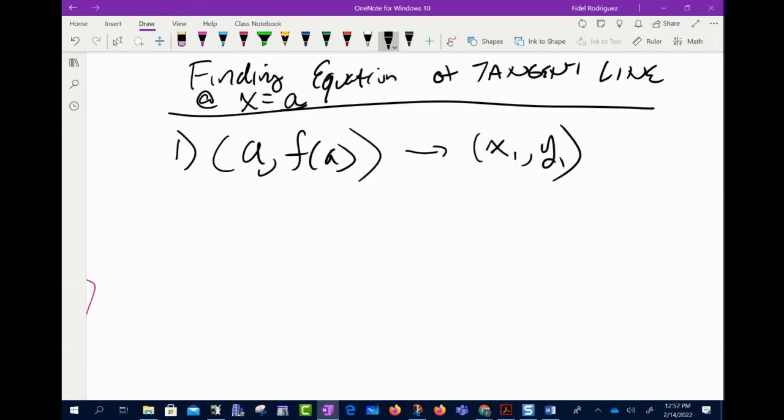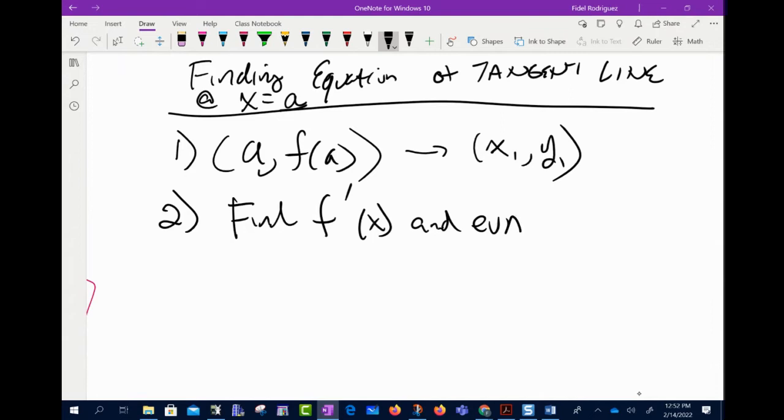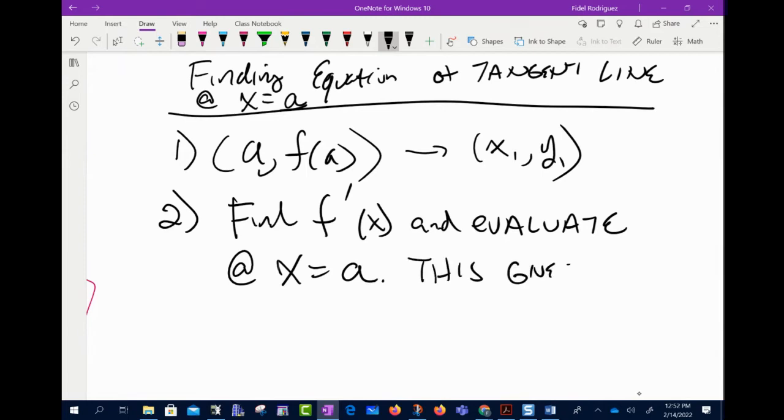Then number 2, we want to find the derivative of our function, and we're going to evaluate it at whatever value they gave us.